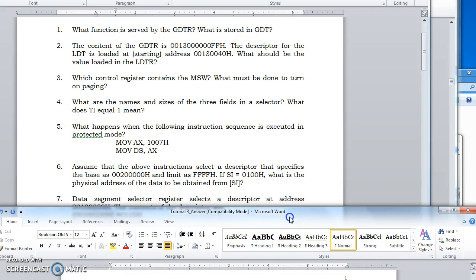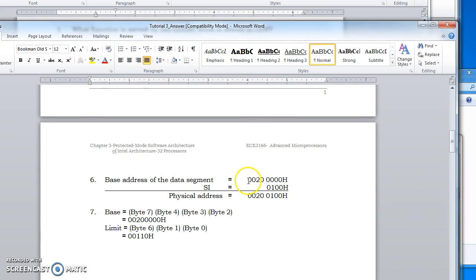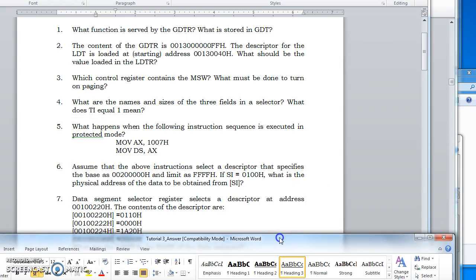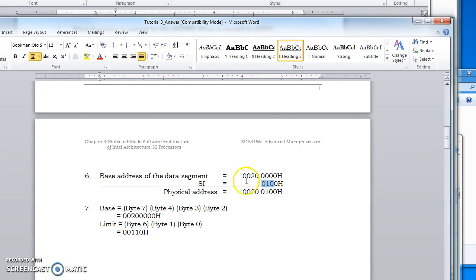Given the base address as 00200000H and SI as 0100H, the physical address is just the base address plus the SI value, and we get 00200100H.